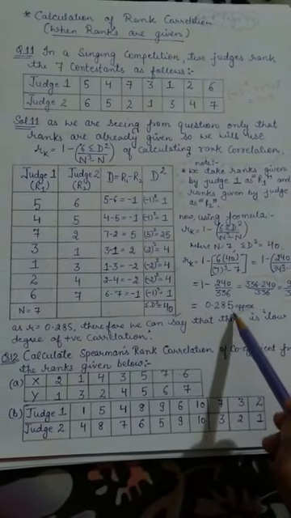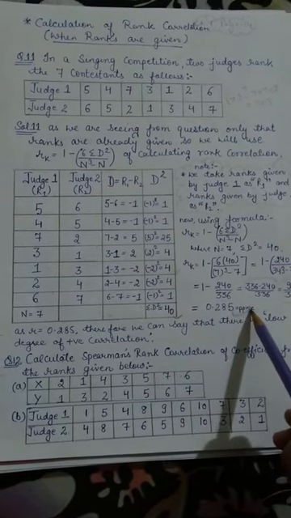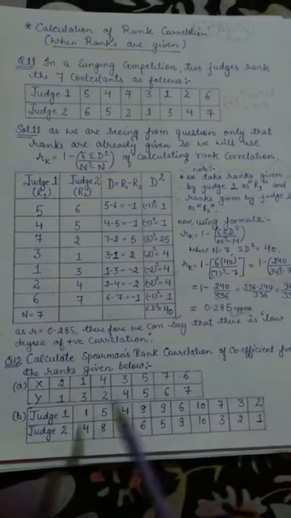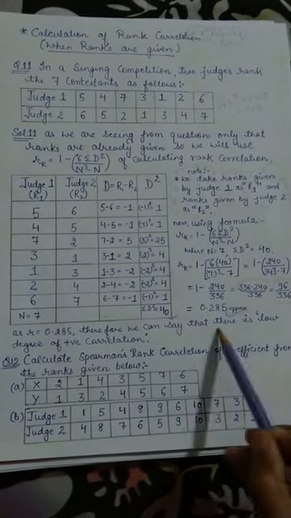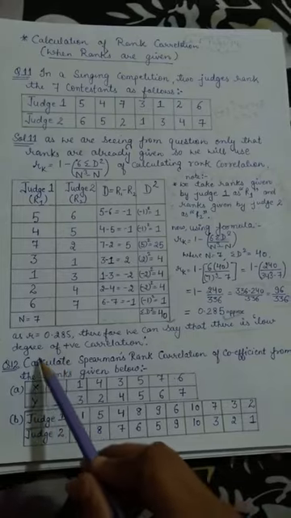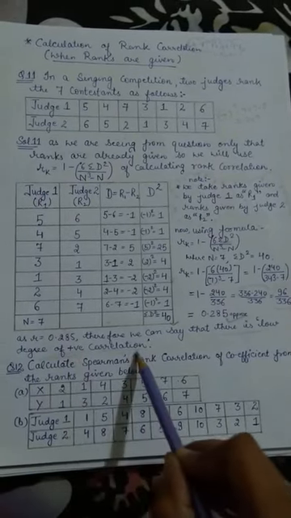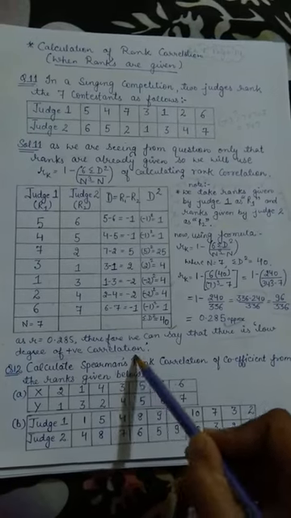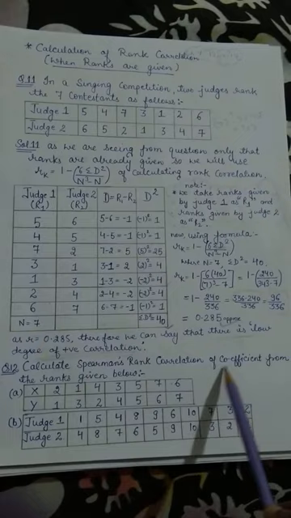As this value is very low, it lies in the first quadrant, so you can say that there is a low degree of positive correlation. Now students, calculate Spearman's rank correlation coefficient.